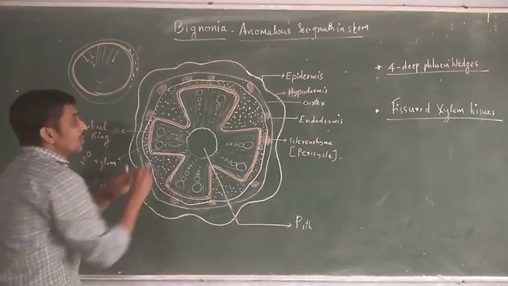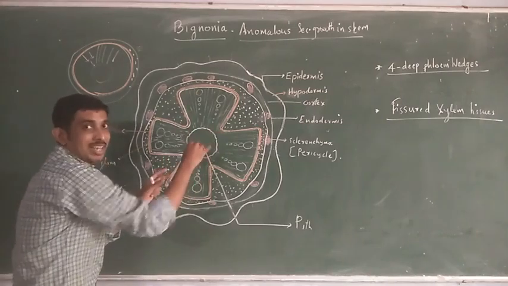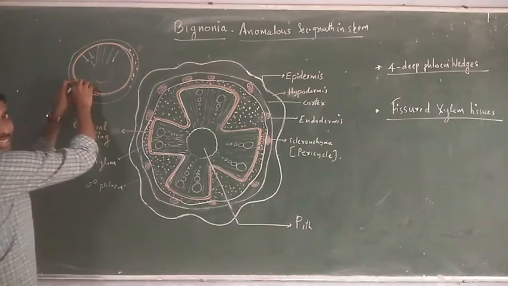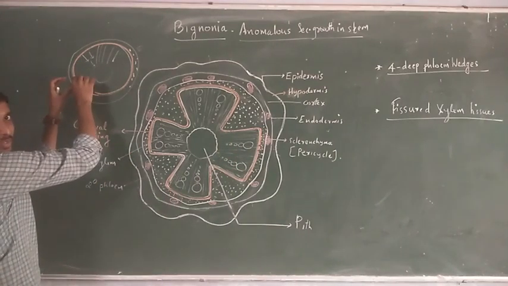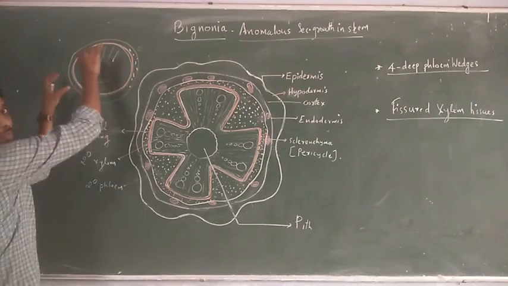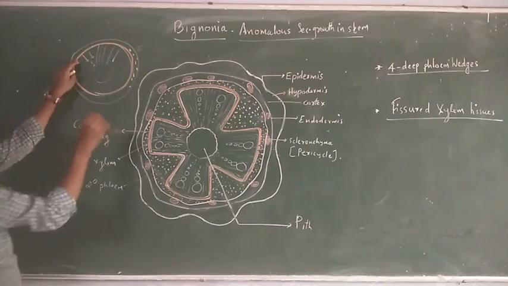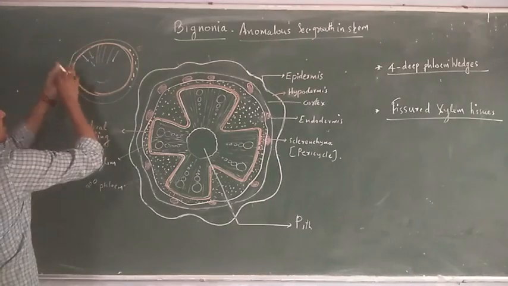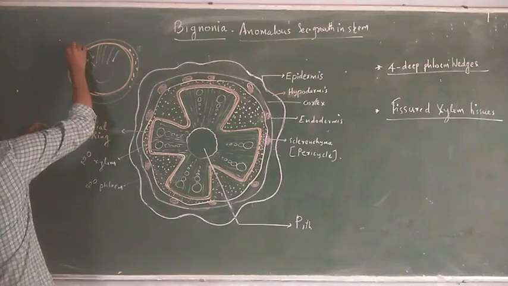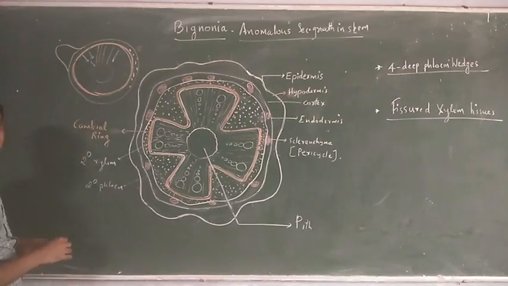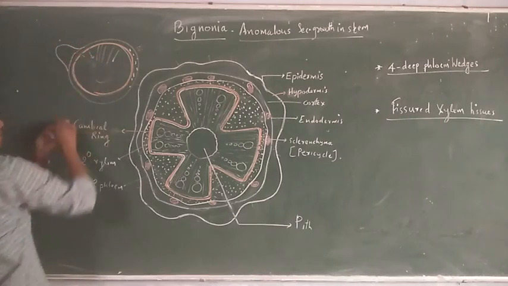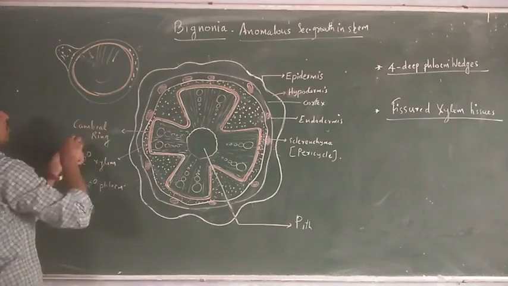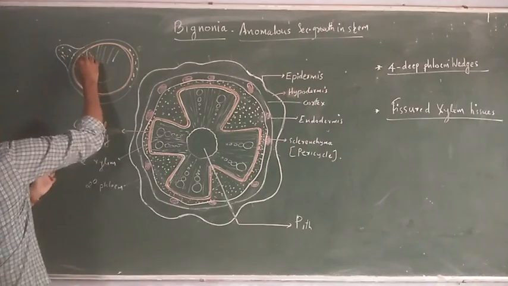But during the later stages of secondary growth, this cambium, which exists in the form of a ring, produces more amount of secondary phloem and less amount of secondary xylem.